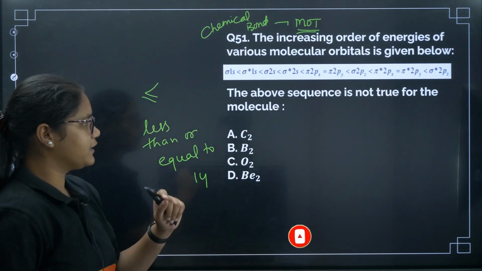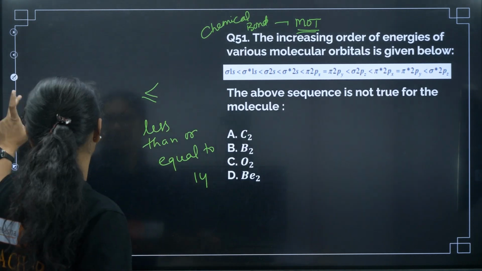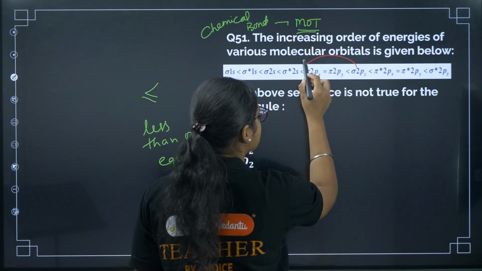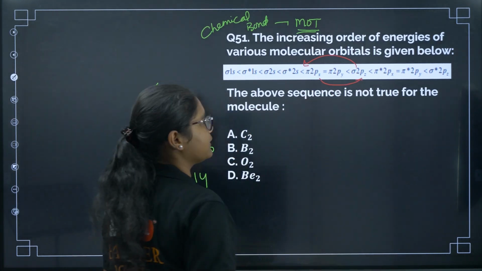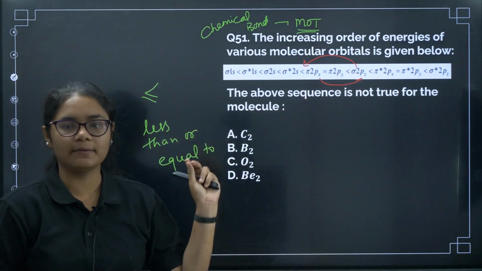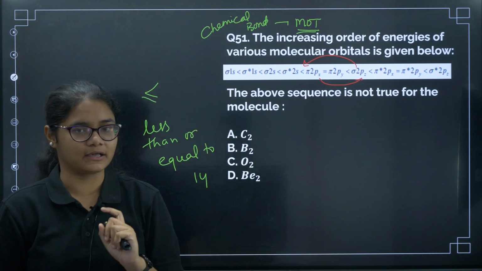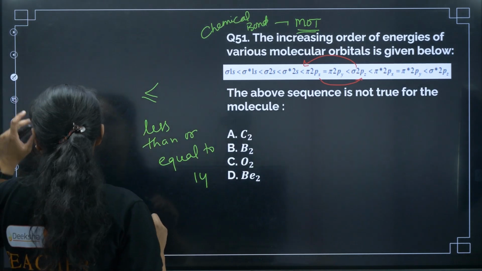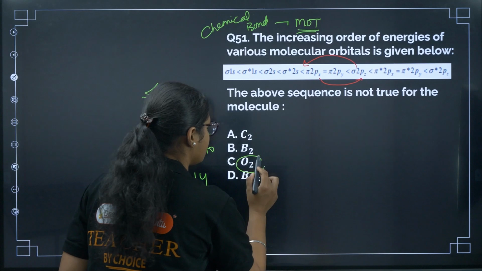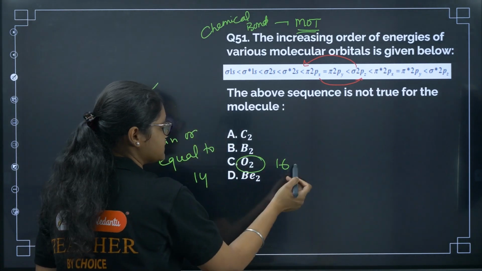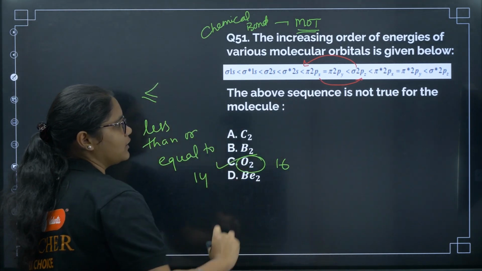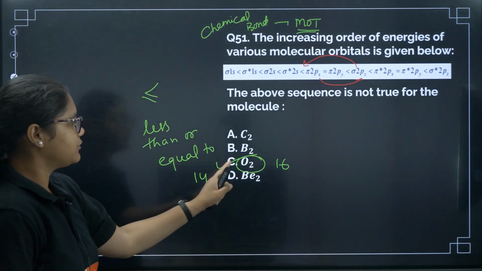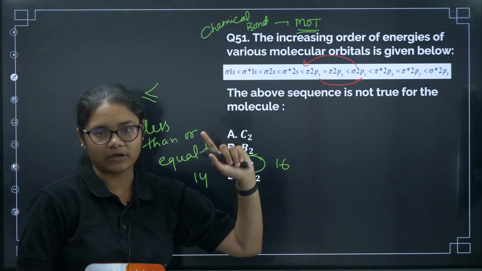Now when the number of electrons increases more than 14, there is a shift in the order. So what happens? 2pz comes in front, and then pi 2px and then pi 2py will come. So that is where the number of electrons is more than 14. So if you see, for oxygen, the number of electrons is 16, which is more than 14. So this will follow a different order. The correct answer for this question is option number C. So for oxygen, we cannot apply this electronic configuration.